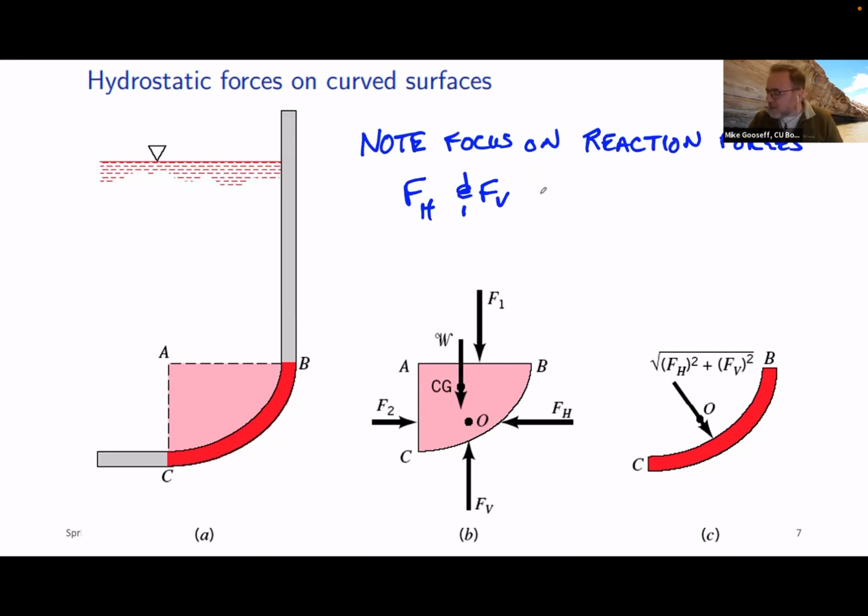So these are the ones that give us this resultant force here, all right?